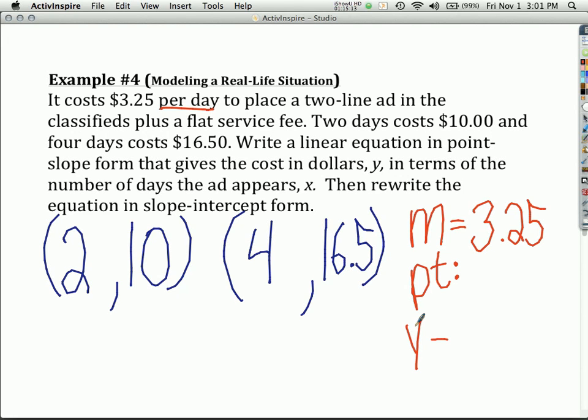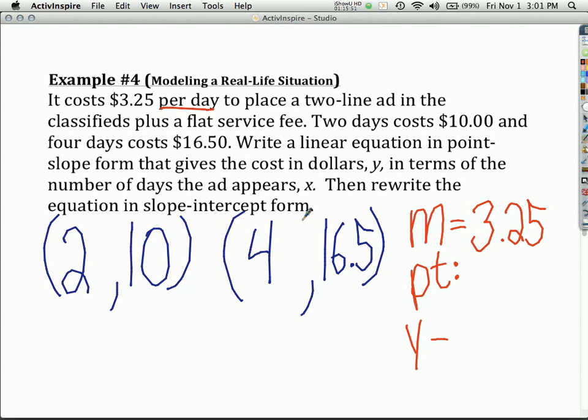So to answer this one, don't we need the flat fee? It depends. All we're being asked to do is write a linear equation that relates the information. It doesn't say to then find the flat fee. If you were asked to find the flat fee, then we would rewrite the equation in slope-intercept form, and the flat fee is exactly what you just said, the b right here. And you just demonstrated again your ability to connect what we're doing today to what we've done in the past, and that's extremely important. Okay?